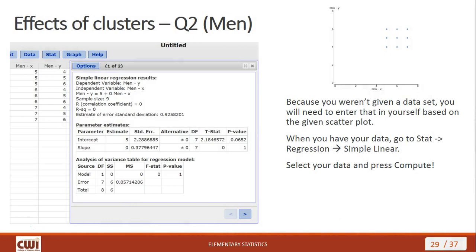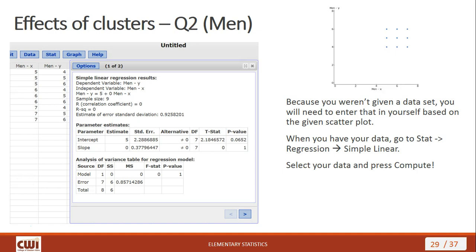The second question asks us about the subset of the sample that was taken from the men. I'm going to repeat the same procedure here that I did for the women. I'm going to look at my scatter plot and take the x and y values for each of these data points and type them manually into StatCrunch. When you don't have a data set, that's the only way you're going to get your data.